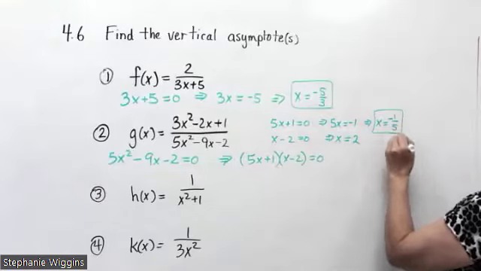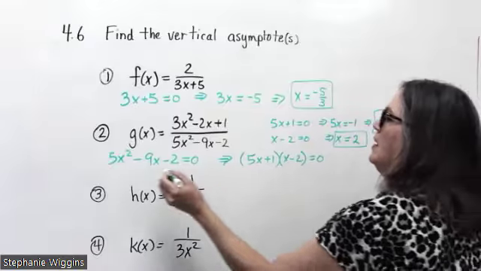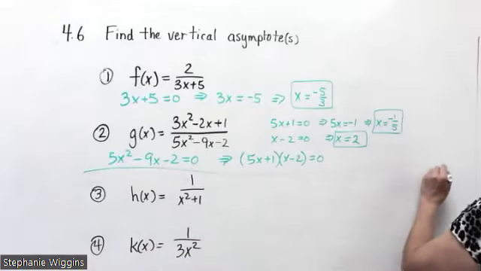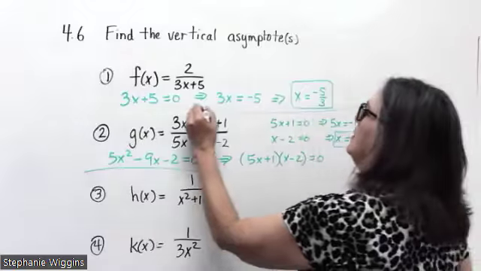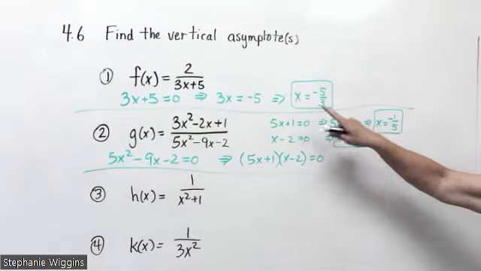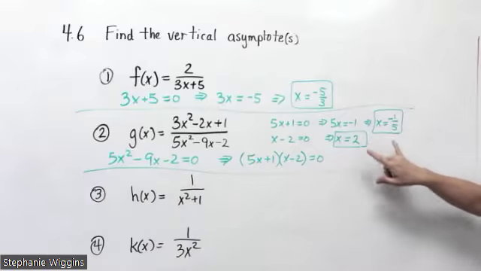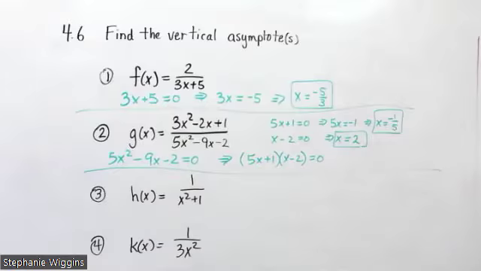So these are the equations for the vertical asymptotes for the second example. So example 1, we have 1 asymptote, but in example 2, because this is a quadratic equation, we happen to have 2 asymptotes.